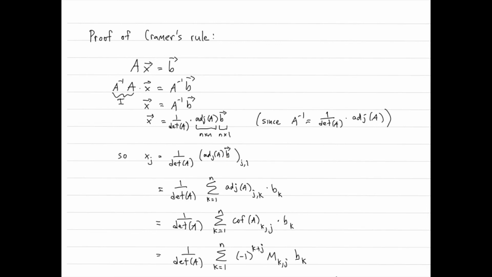Now here b has only one column, so okay. And so I've succinctly expressed that dot product using the summation notation, which says let k range from 1, 2, 3, all the way up to n, and then take these entries of the adjoint matrix that form row j, because j comma 1, j comma 2, j comma 3, that's row j of this adjoint matrix, and multiply them with the entries b1, b2, b3 of the column vector b.